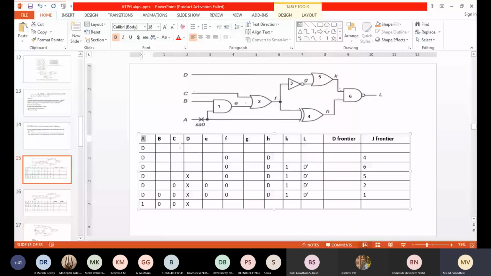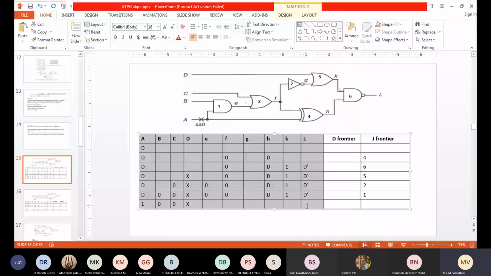The path sensitization, D algorithm third step, and this part is also same. But why they are named as Podem, path sensitization, D algorithm is actually D algorithm goes with singular cover and propagation D cube. If we want, we can do it directly also. And here they say Podem goes with the D frontier and J frontier with the help of checking whether I'm doing forward implication or backward implication, which gate I'm analyzing now.